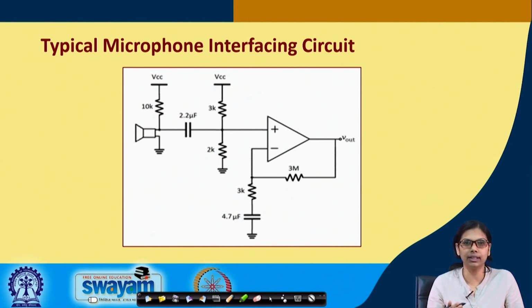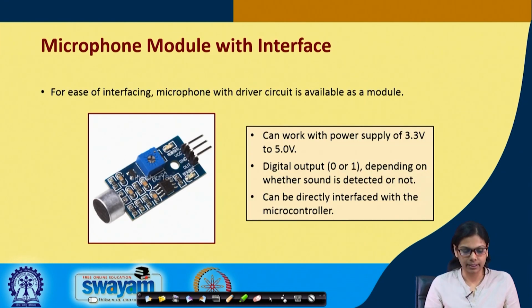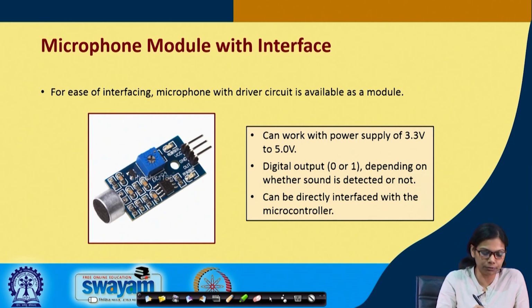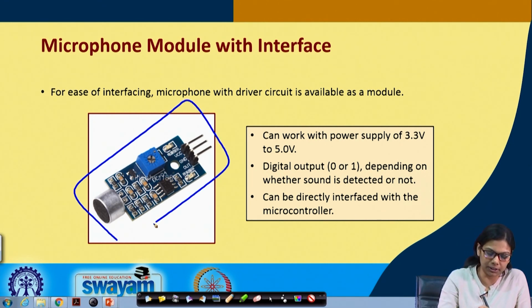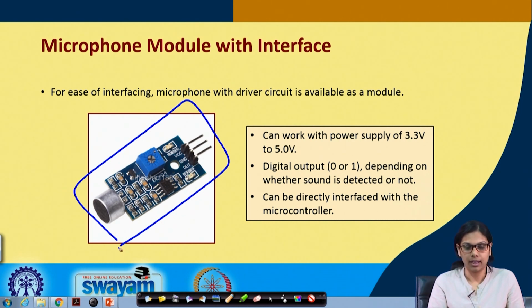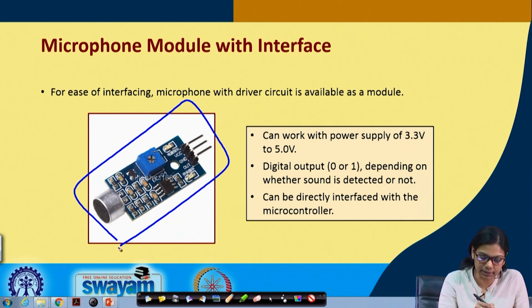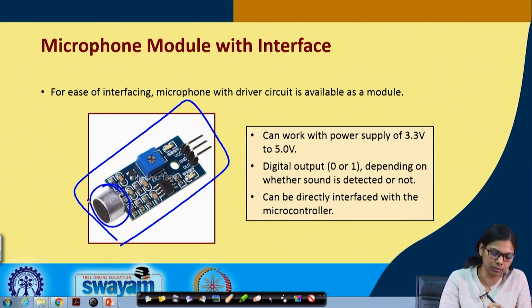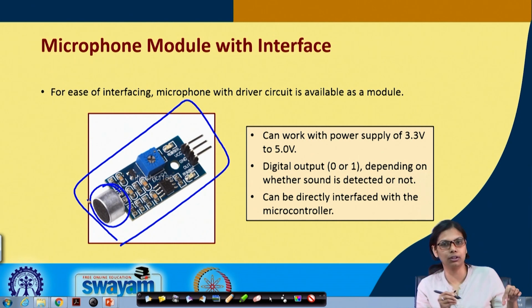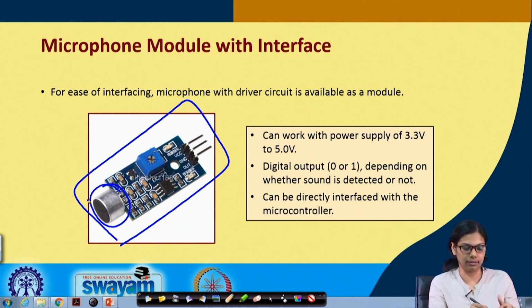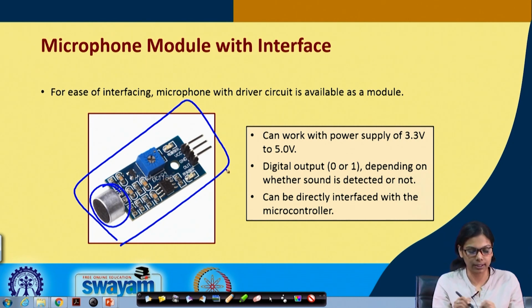But what is generally done is that the whole set of interfacing displayed here is, for ease of interfacing, put up inside this particular chip, and we can use this chip for interfacing. So, this is the microphone. If you use this single microphone, you have to connect it with the circuit as I have shown you in the previous slide.